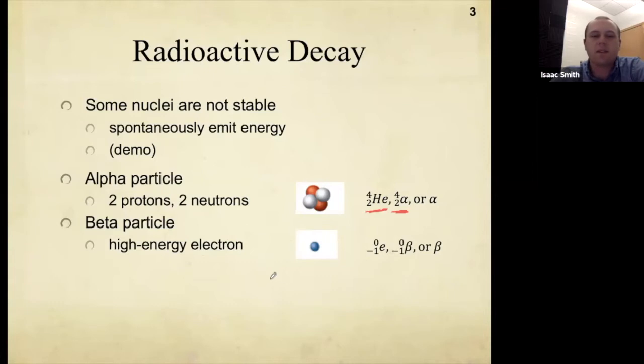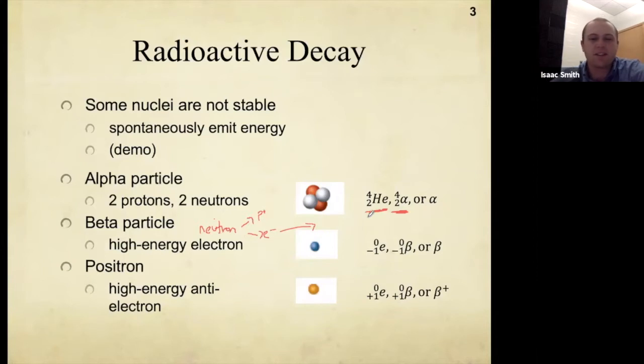The way I think of this one is we actually have a neutron that splits into a proton and an electron, and then the electron is shot out. This will make a little more sense later on, but that's the way I like to think about it. So a high energy electron comes out, and the source of that electron is a neutron converting into a proton and an electron, and the electron flies out.